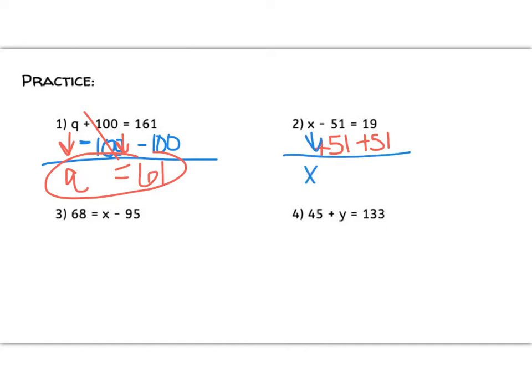Bring down my x. Then minus 51 and plus 51 cancel because they're opposites. Bring down the equal sign. And then 51 plus 19 equals 70. So x equals 70.